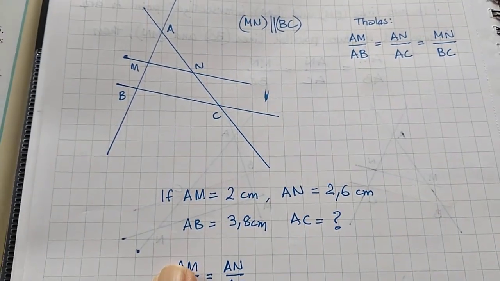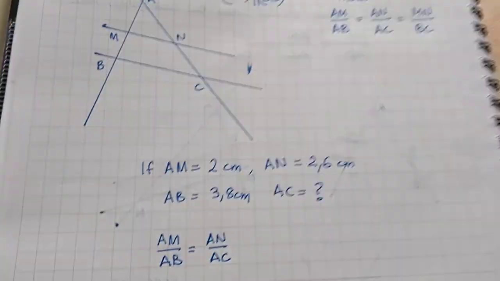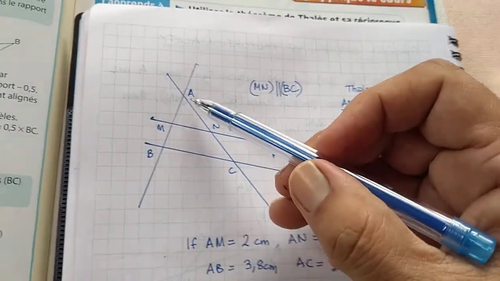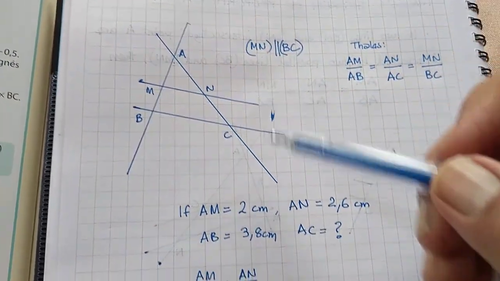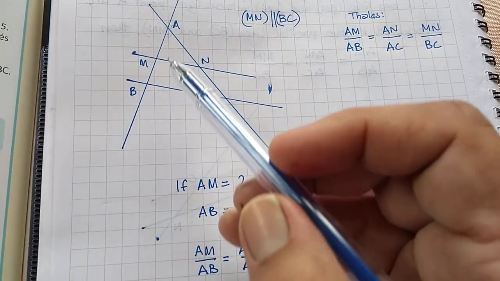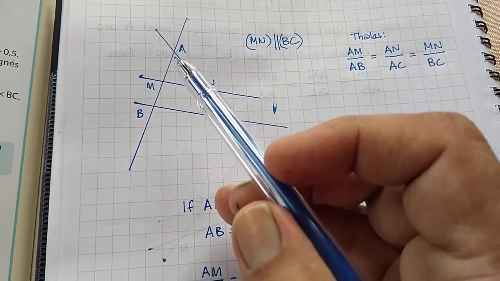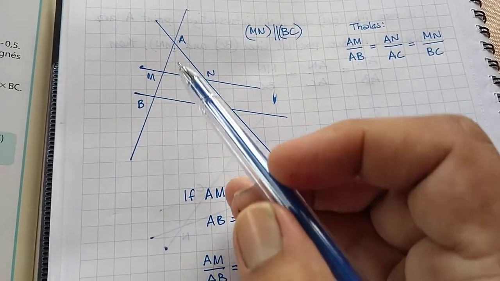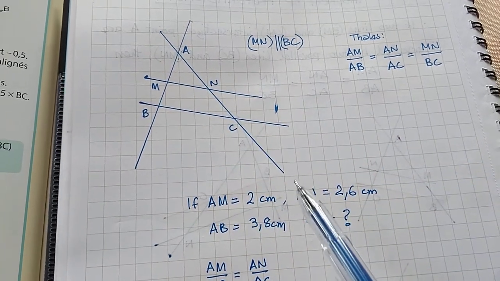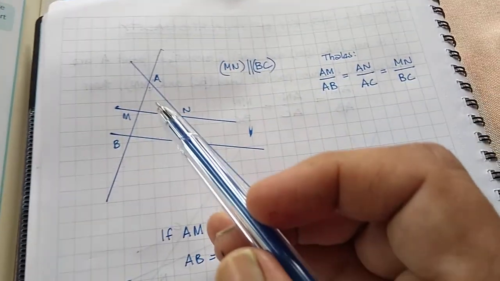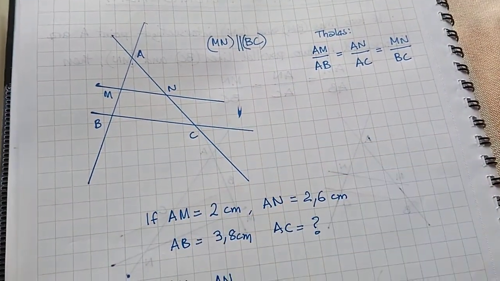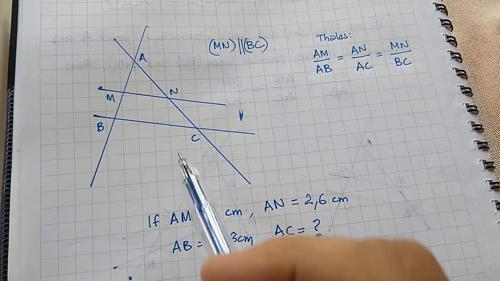So if AM is equal to 2 centimeters, AN is equal to 2.6 centimeters. Please note that this figure is not to scale, so if you try to print this image out and measure it, it will not be correct.